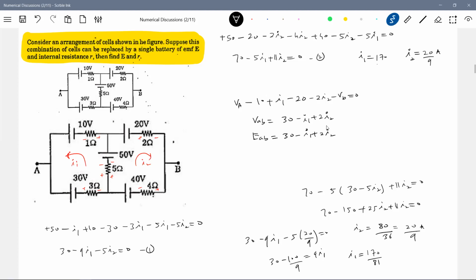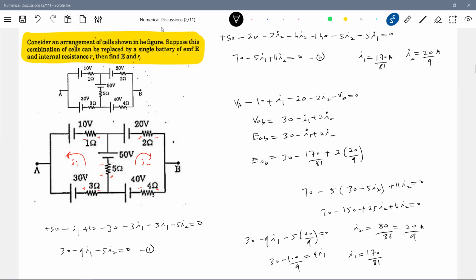Both are positive. These values I'm going to substitute, plus 2 into 20 by 9. I'll get the EMF. Okay, this is about getting the EMF.